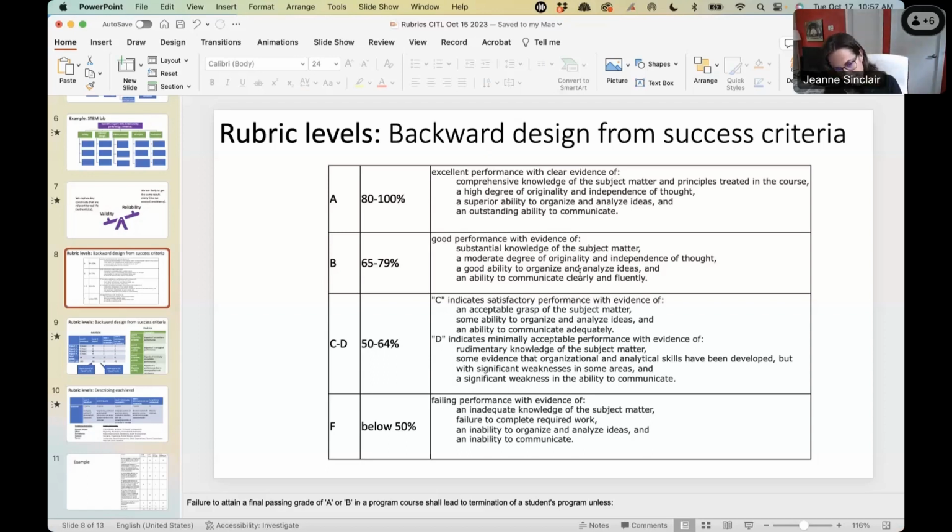So they need to have a 65 or higher in order to continue. So when we design our rubrics, we want to keep this in mind and ensure that our rubric matches this, because otherwise our rubric is going to be out there assessing but not connecting back to the actual decisions that are being made about students, right?